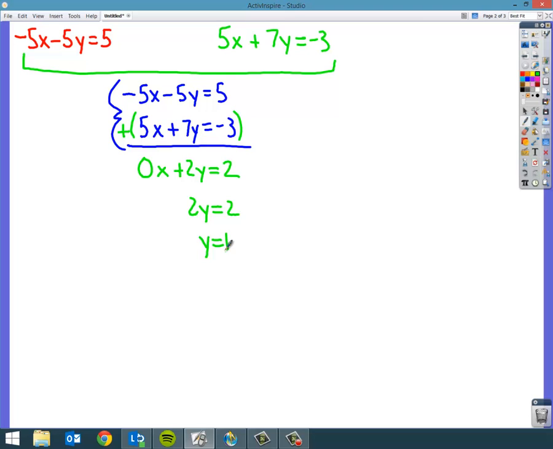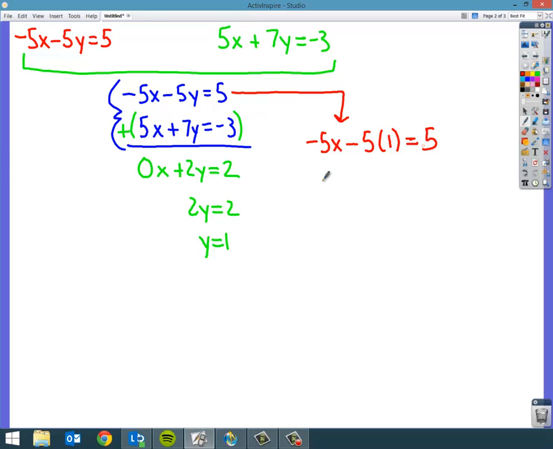Okay, now that was a lot of work to simply find one variable. But the hardest part of solving systems of equations with 3 variables is solving for the first one. Because once you have the first one, all you have to do is substitute it back in one of these 2 equations that we have, and that'll let you solve for x. Okay, so let's take this first equation here, and let's substitute 1 in for y.